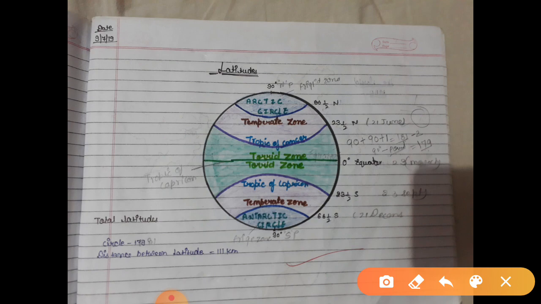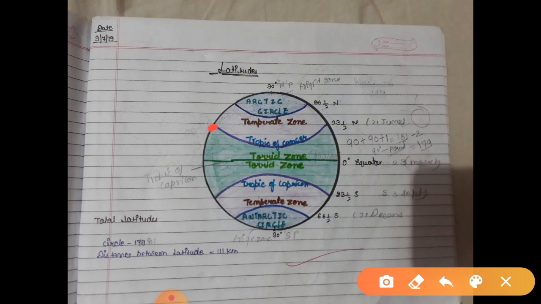It's very important, because after this, when you understand the position of the sun as it reaches the northern hemisphere or the southern hemisphere, these lines are very important. Then understand the zones between these lines.